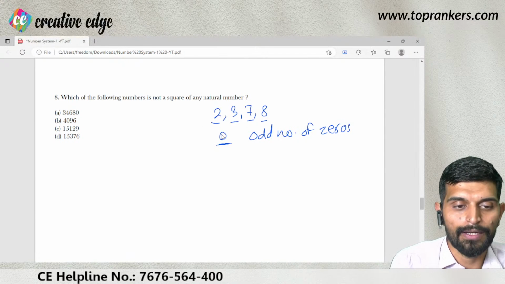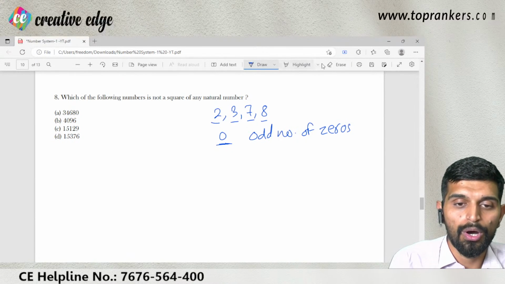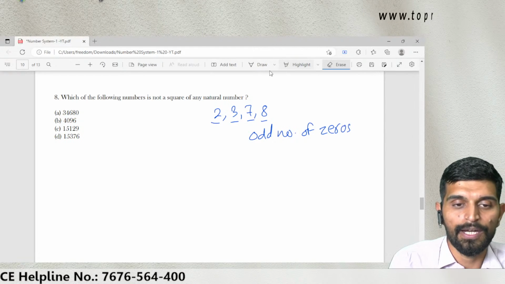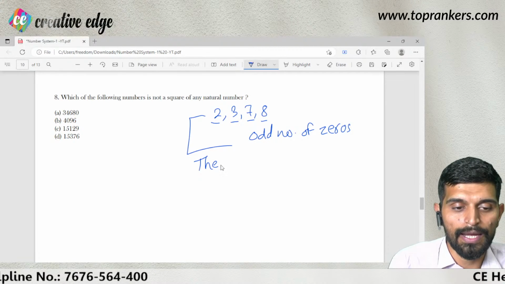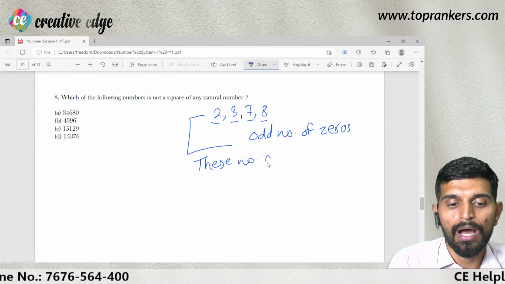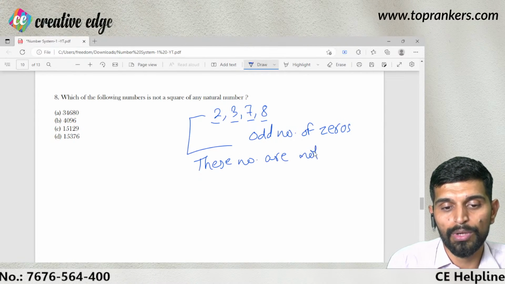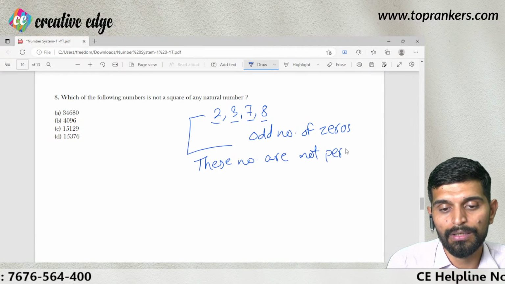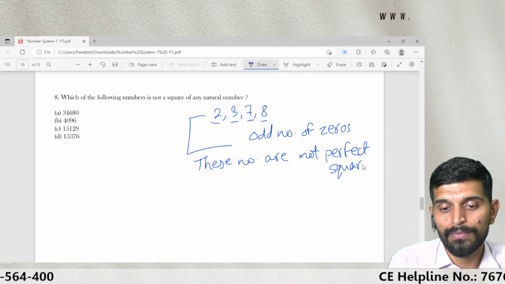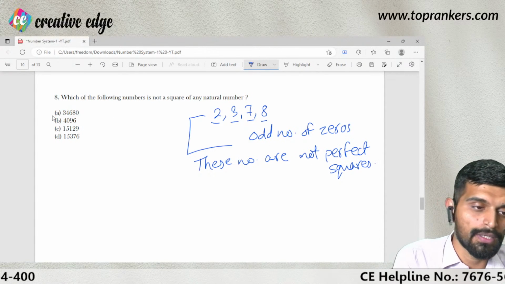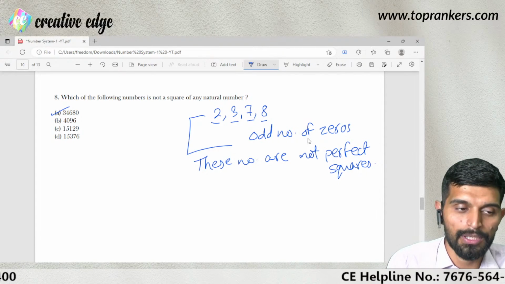If you find odd number of zeros, or you find 2, 3, 7, 8 at units place, then these numbers are not perfect squares, right? Hence, answer to this question is option A.